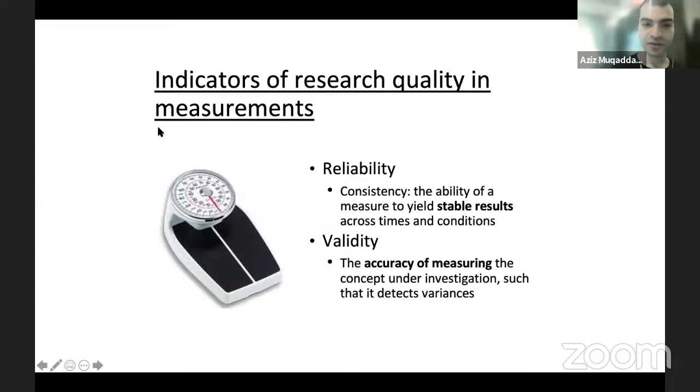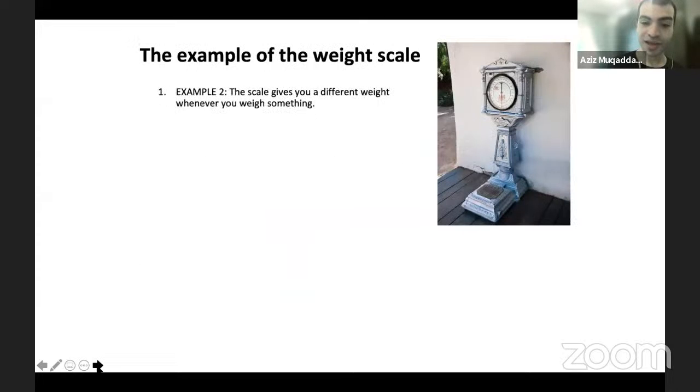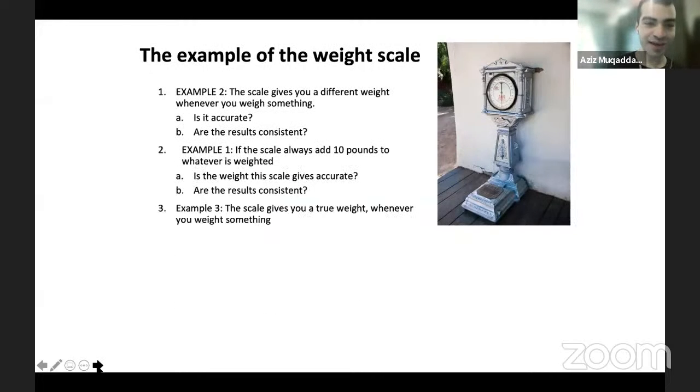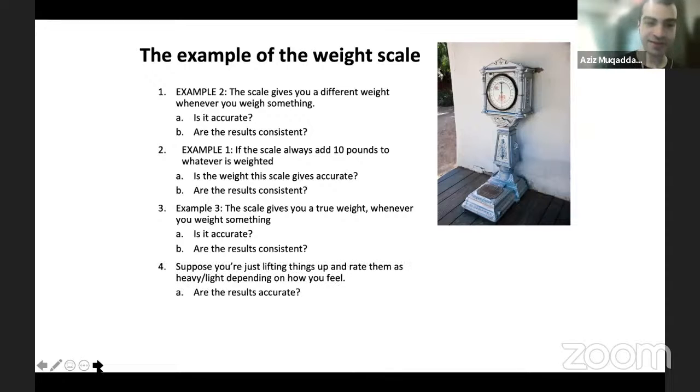So one scale could measure satisfaction in one setting, let's say in one population, but fail to capture that in a different population. That's an inconsistent scale, i.e. it's unreliable. And so I asked different questions. Some of you got it right. Some of you got it wrong.